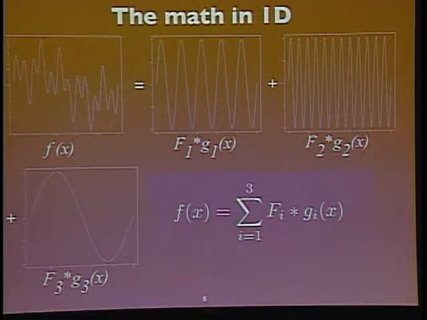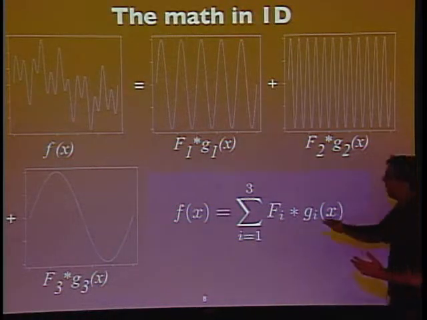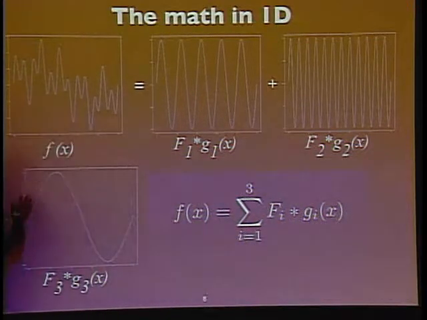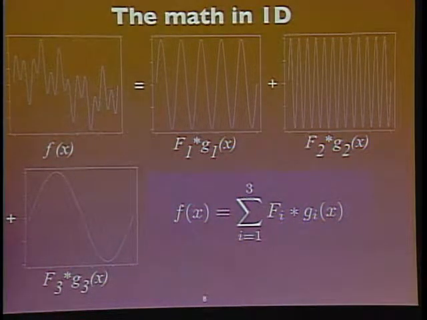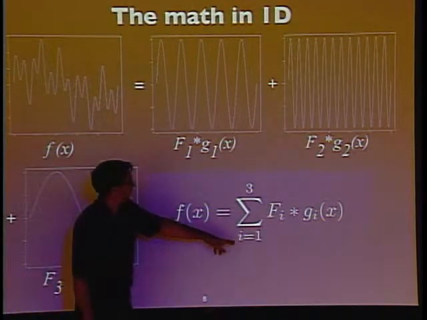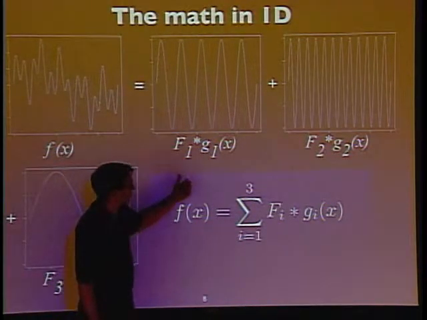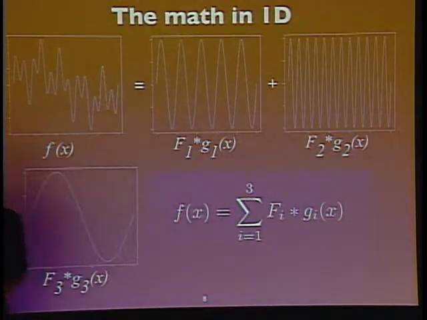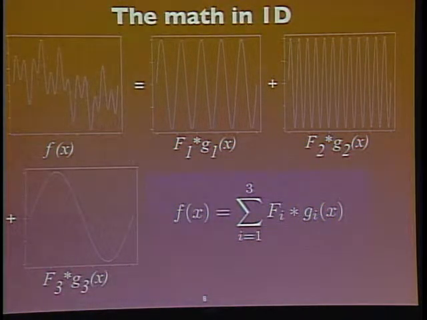Similarly with f3. So what I can tell you is that this function f, my original imaging data, is well approximated, or maybe exactly represented, by the summation over these three functions, G1, G2, and G3, of this product fi times gi. So we just sum those together.